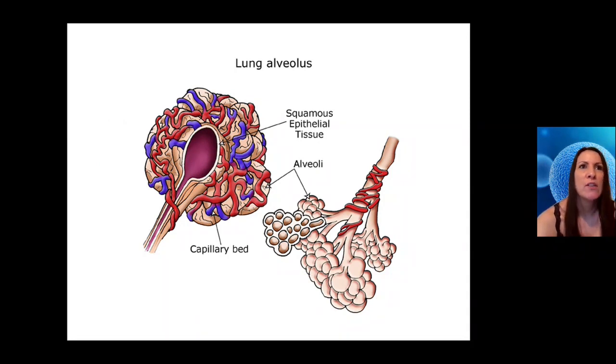It's easier for molecules to move if the membrane between those two areas is really thin, like a thin barrier.